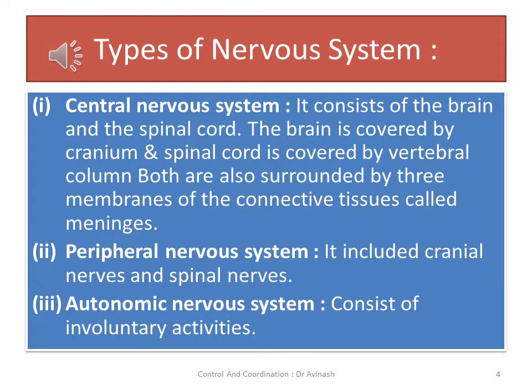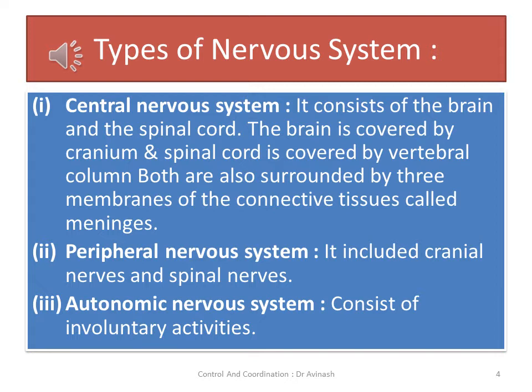There is no control over these activities. These are called involuntary activities, and they are controlled by the autonomic nervous system. So these are the three different types of nervous system. Have you understood properly? Central nervous system, peripheral nervous system and autonomic nervous system.